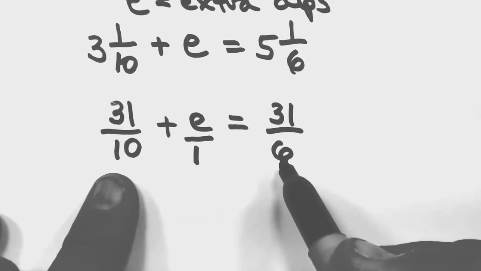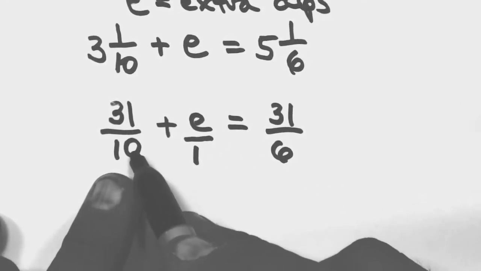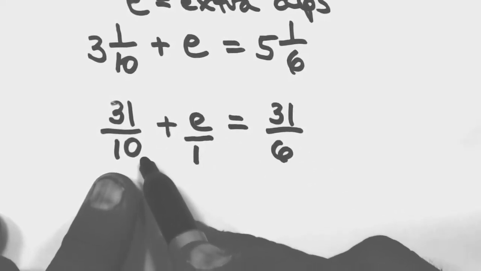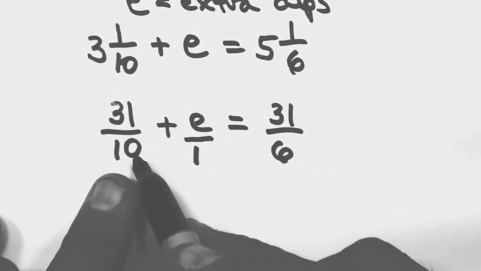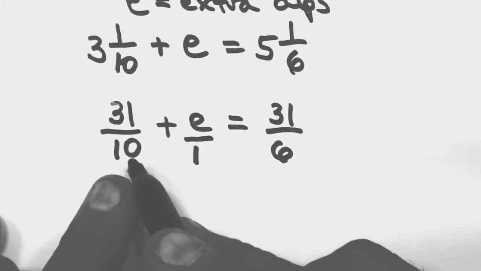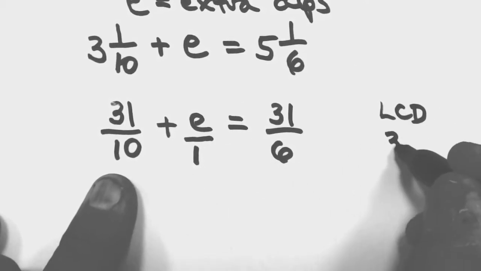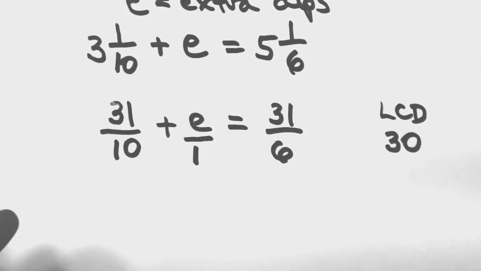Now, the only thing we have to worry about is the 6 dividing into it. First multiple of 10 is 10. 6 won't divide evenly into 10. Second multiple of 10 is 20. 6 won't divide evenly into 20. But the third multiple of 10, which is 30, 6 does divide evenly into. So the LCD here is 30. Okay, well, remember how we've solved equations with fractions.